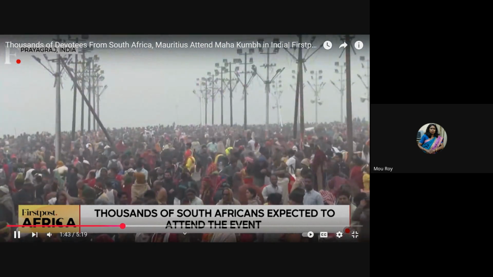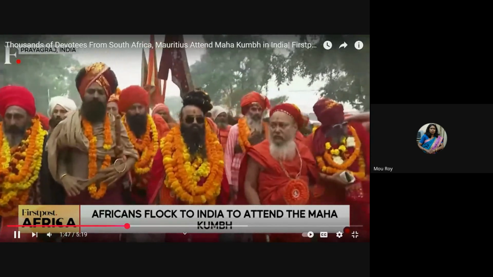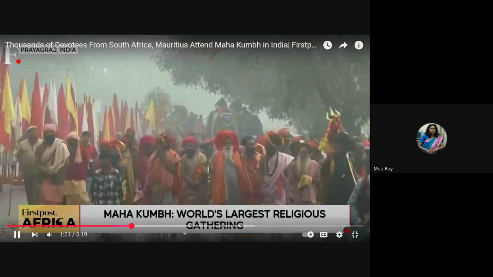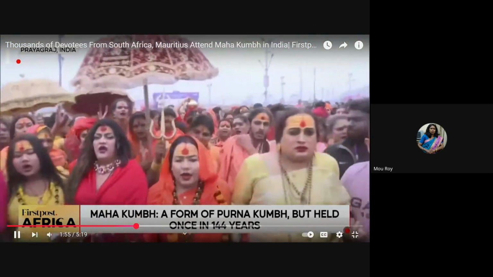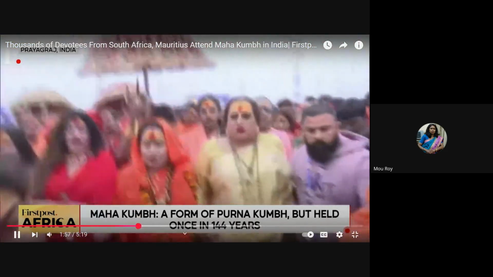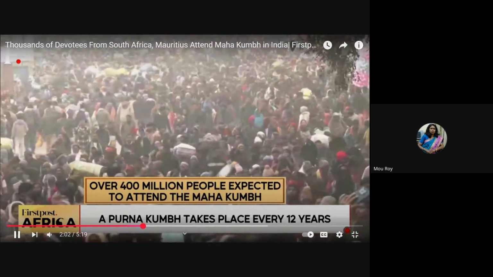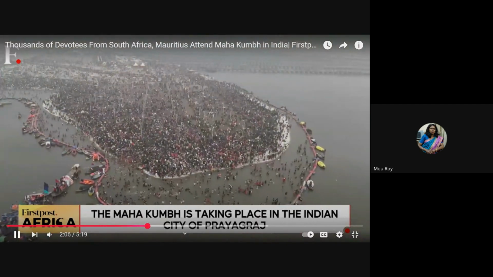The Mahakumbh is not just a religious gathering, it's a once-in-a-lifetime spectacle. While devotees perform the sacred dip, one cannot miss the bustling streets, traditional music and dance, and a lively celebration of India's diverse heritage. Over 400 million are expected to attend the Mahakumbh in India. That's more than the population of most nations in the world.